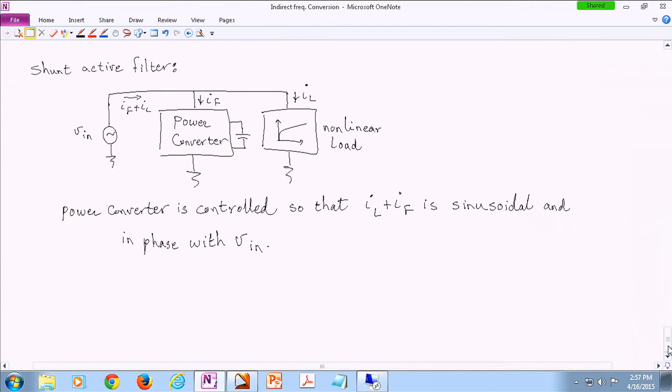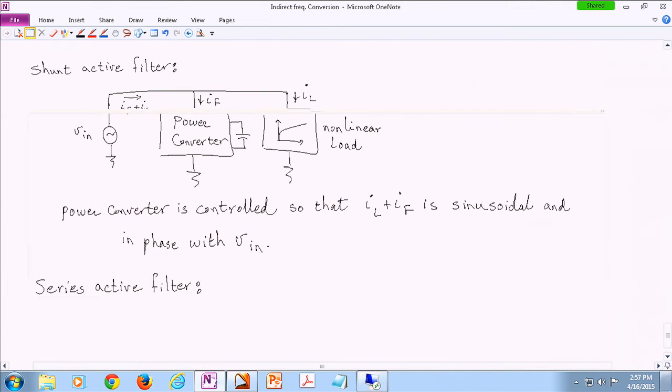Now, in case you're curious about series active filters, let's also talk about that for a little bit. The whole reason this was called shunt was because it was being placed in parallel with the load.